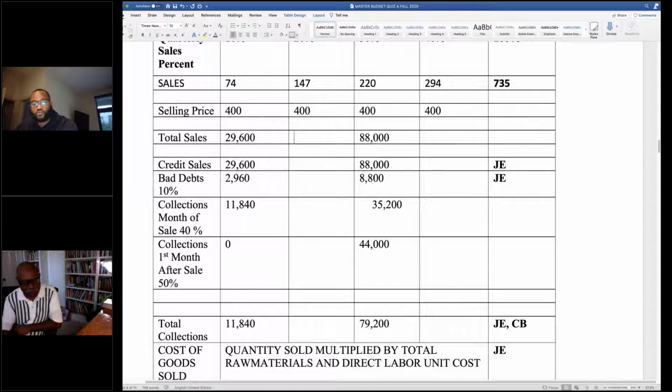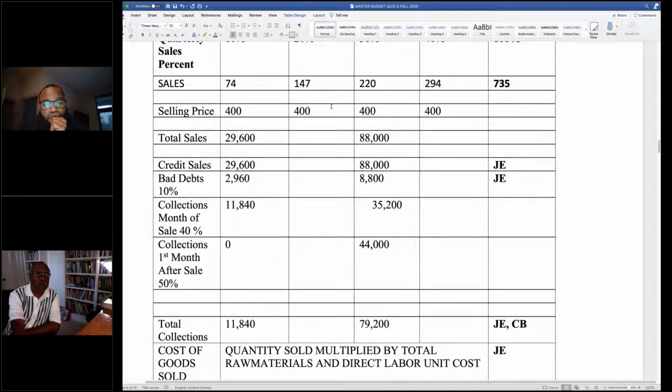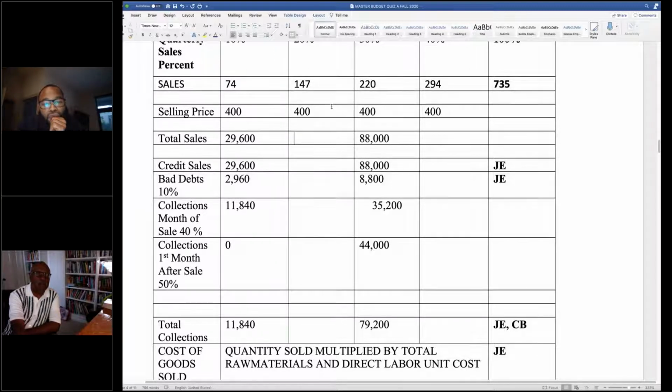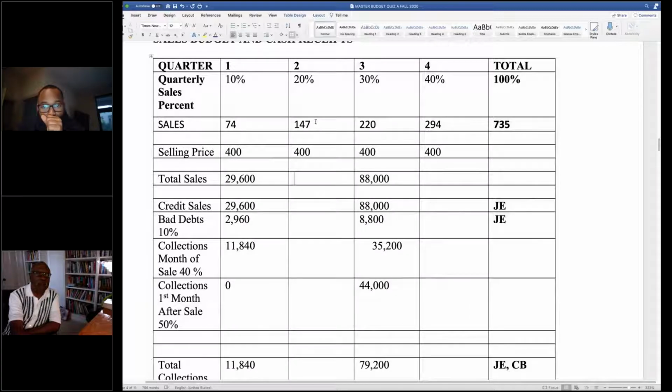All right. Your job individually now is to start with the sales budget, Q2. You're completely doing Q2.